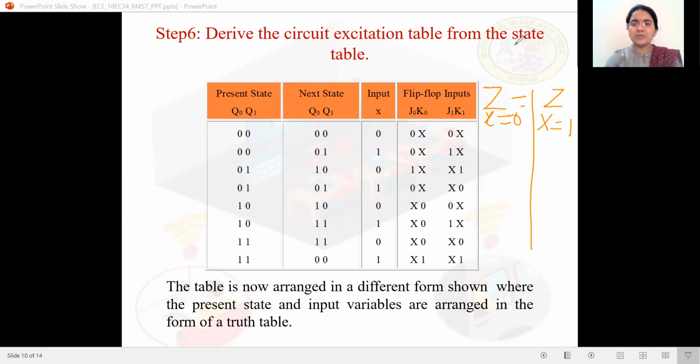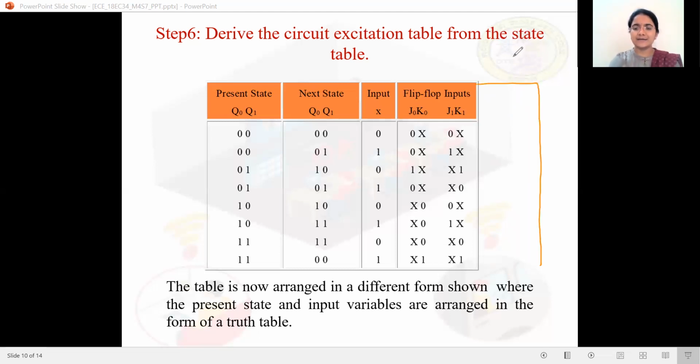But for a Moore machine, there is no need of considering the input variable, we write only Z. The example we considered here does not have any output variable, so we are not writing the output here. If the circuit has an output variable, we have to add another column to write the output Z, and then we have to write the K-map for this output also, because we have to design a circuit where we mention the output variable also.